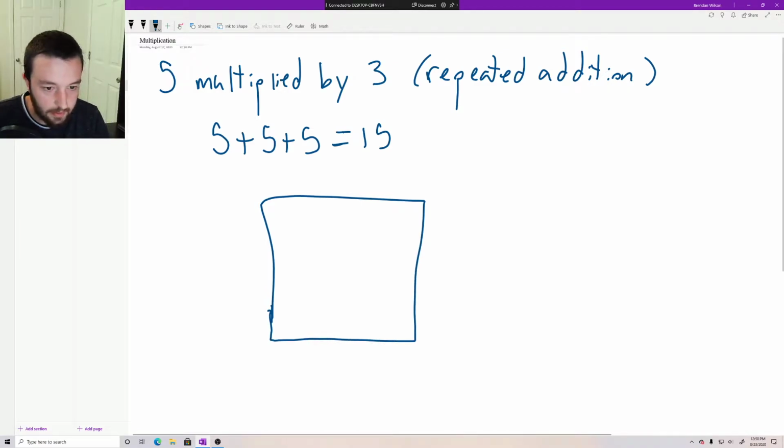Now look at it in the context of a shape. It looks like a square, but let's say it's a rectangle, and the length on this side is 5 and the length on this side is 4.